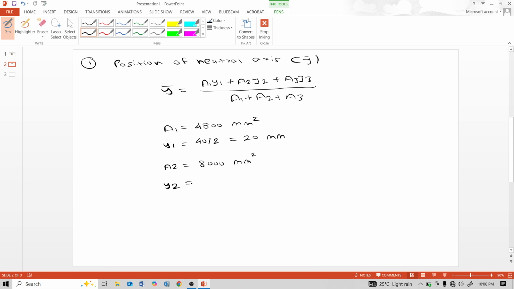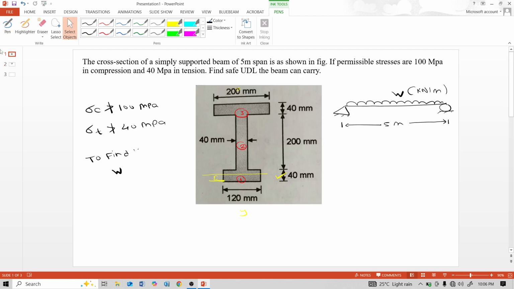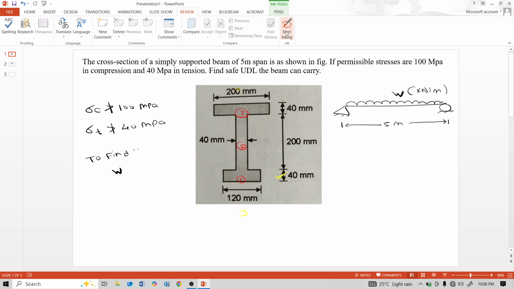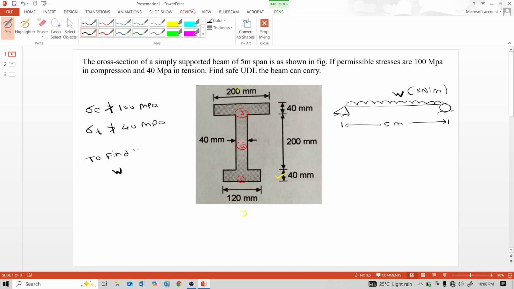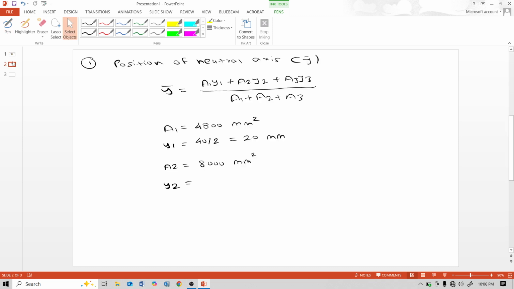This y distance is always measured from the bottom extreme fiber to the centroid of that portion. For the web, the distance from the bottom extreme fiber is 40 plus 200 by 2, that means 40 plus 100, 140 mm.